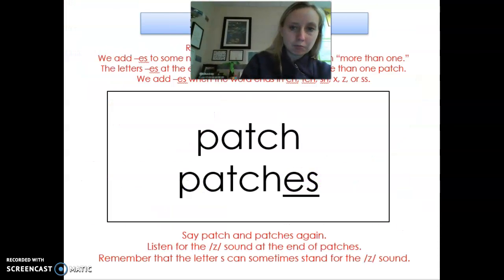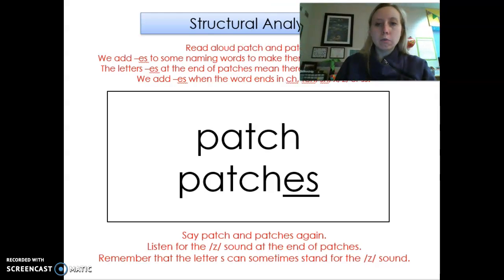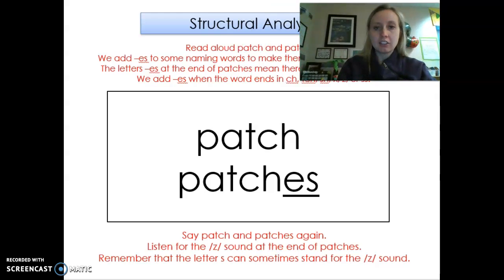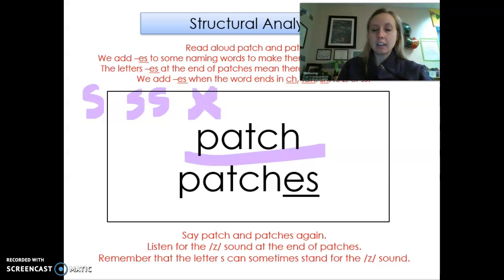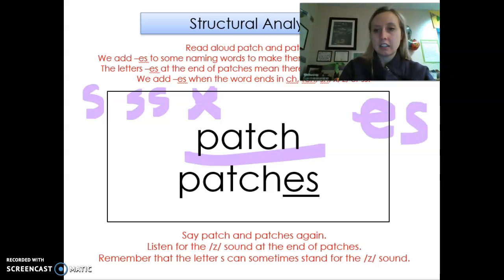Okay, friends. So, first of all, this word is patch. What you'll notice is, in the past, we've been talking about S, SS, and X. Whenever you have S at the end of a word, SS or X, you have to add an ES, because otherwise it doesn't make sense.